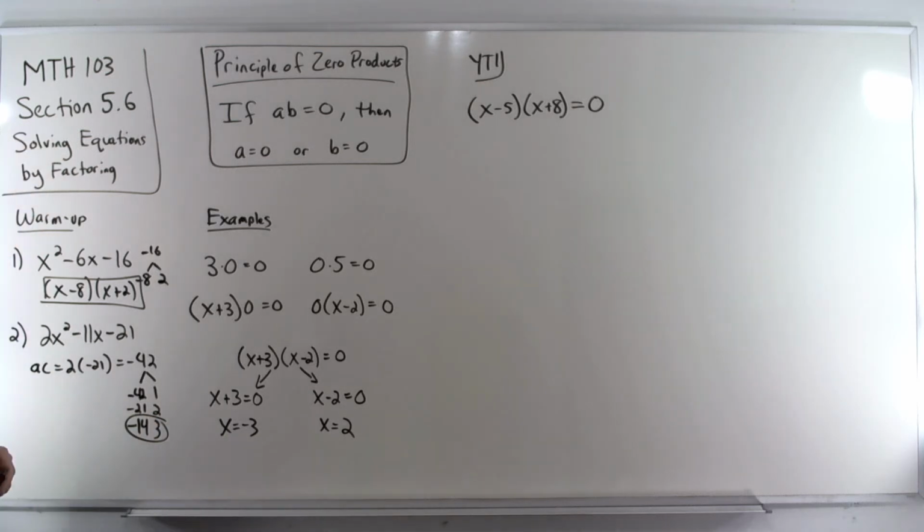So there's our numbers, negative 14 and 3. We're going to break up that middle term into negative 14x plus 3x.